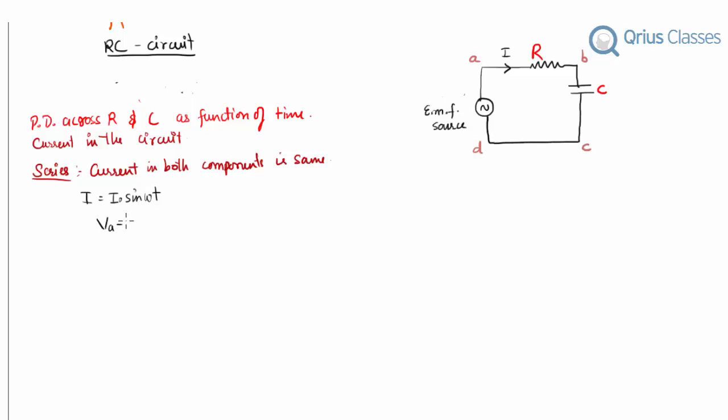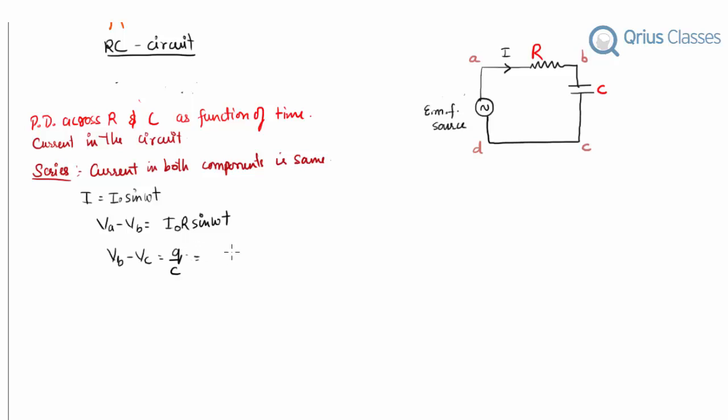So the potential difference across our resistor would be I naught R sine omega t at any given time. And the potential difference VB minus VC across our capacitor would be Q by C at any time, right?